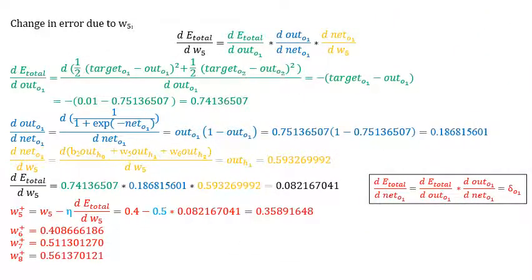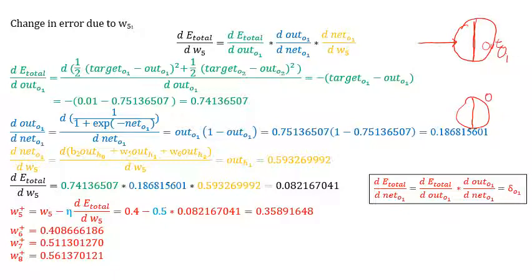So the derivative of the total error with respect to W5. If I put it into computation form, this is how we can see it. There were two nodes at the output layer: the first node O1 and the second node O2.